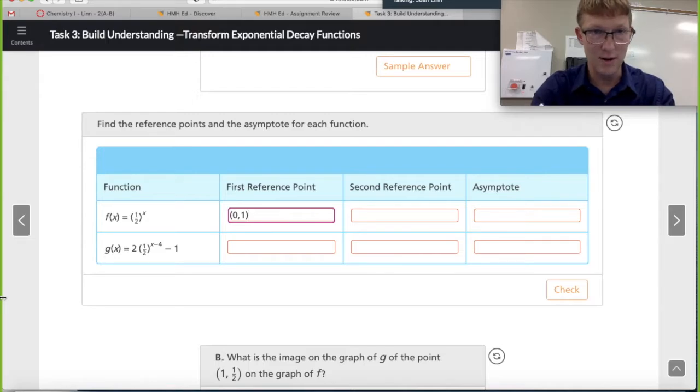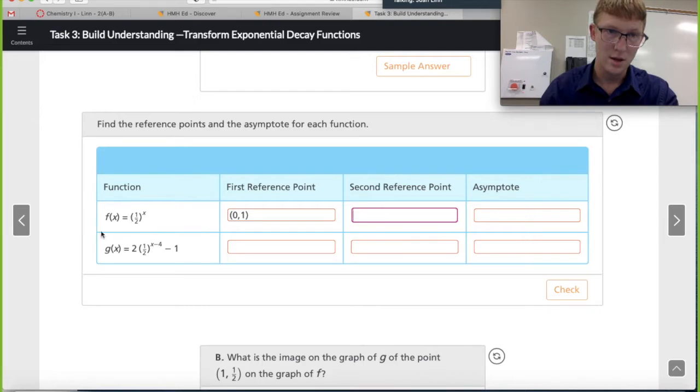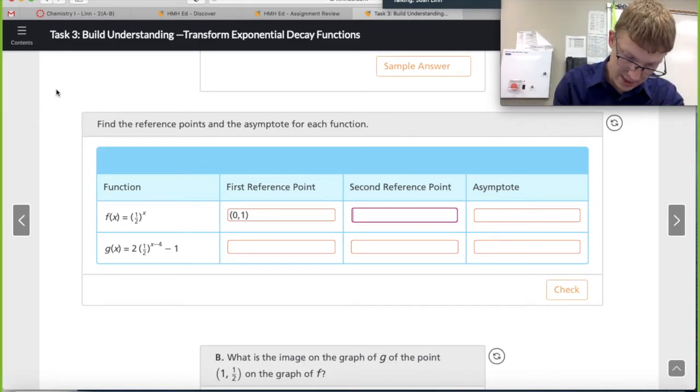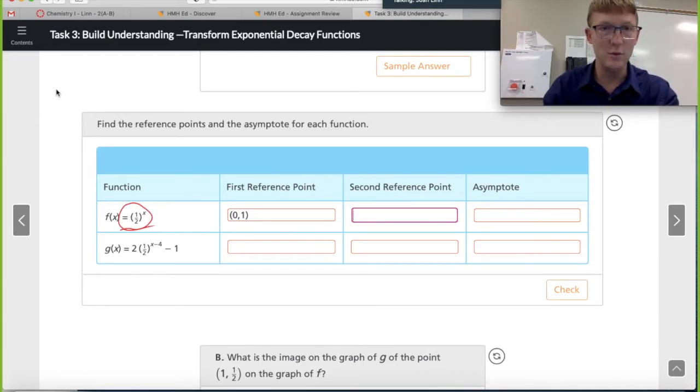So that's our first reference point. Our second reference point, again, if we look at this, if we say x equals -1, that's going to be pretty easy to figure out. So x equals -1, and that's going to make our f of x equal 2.